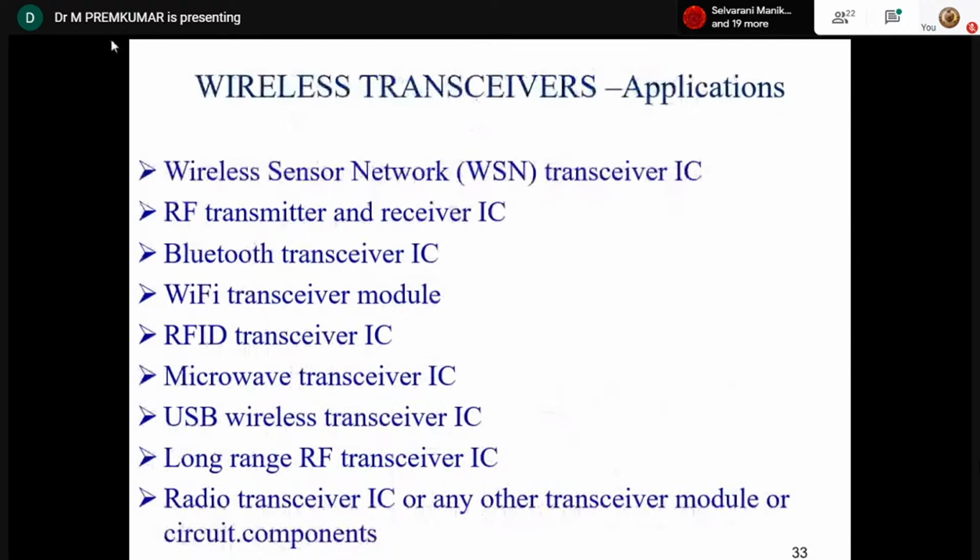So the wireless transceiver applications. These are the current wireless transceiver applications where you can contribute at the physical layer end, and also at the baseband layer end. RF transmitter receiver ICs, even Bluetooth is coming up nowadays, then you have Wi-Fi and RFID transceiver ICs. You can all work on providing optimal solutions.